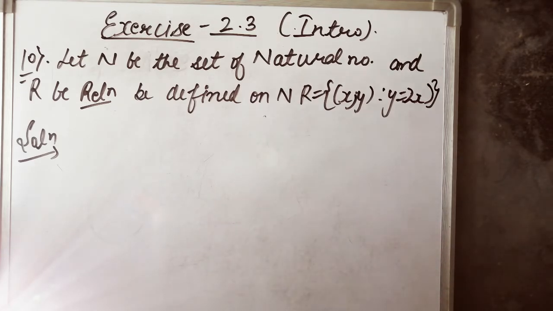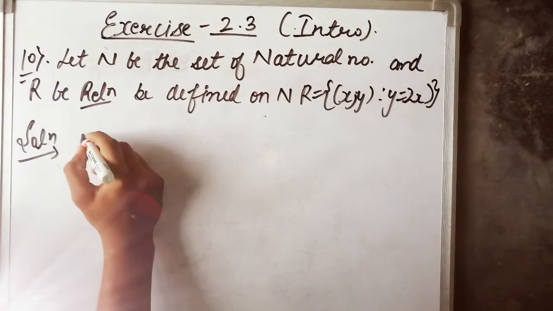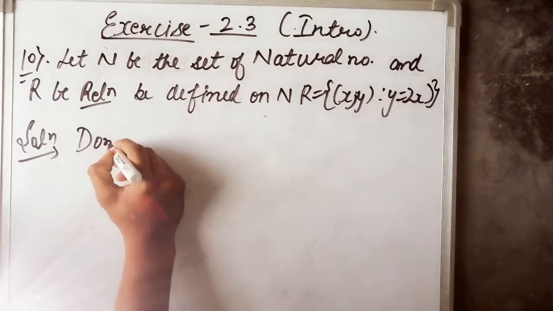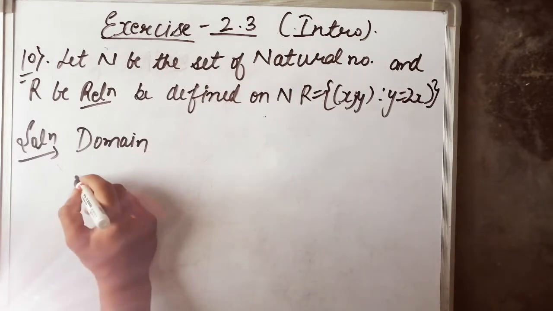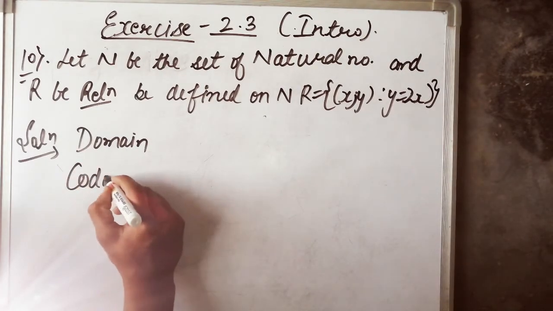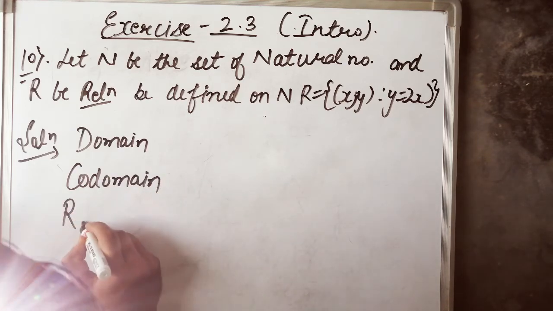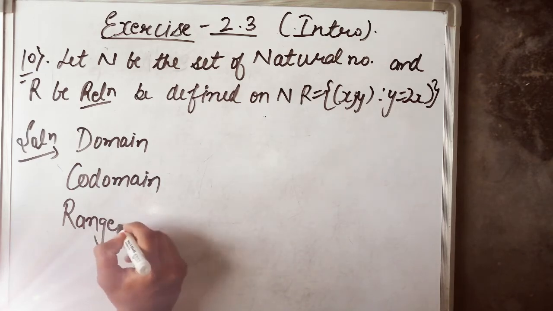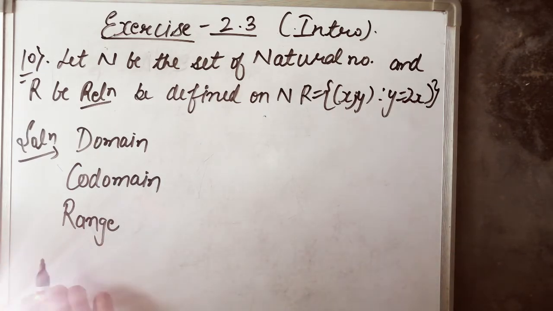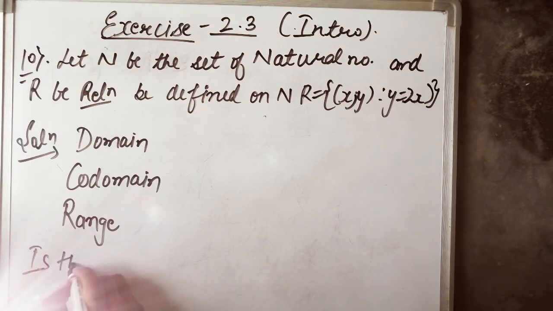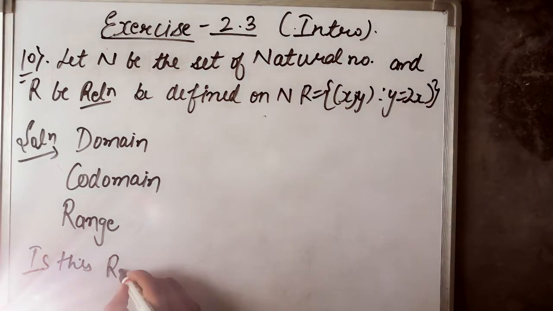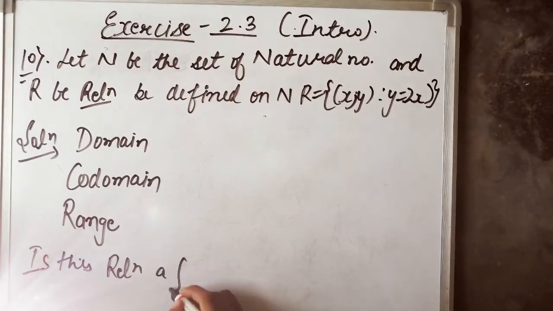Okay, so what the question is asking: what are the domain, codomain, and range of R, and apart from that, is this relation a function?